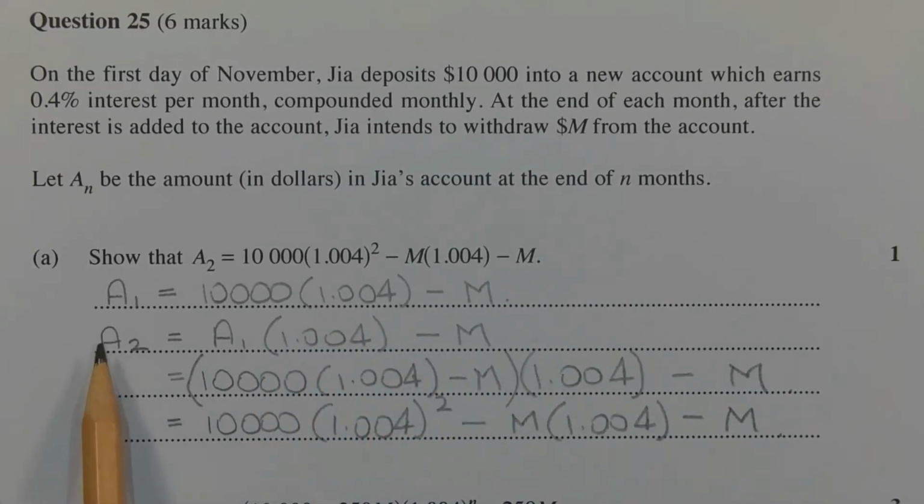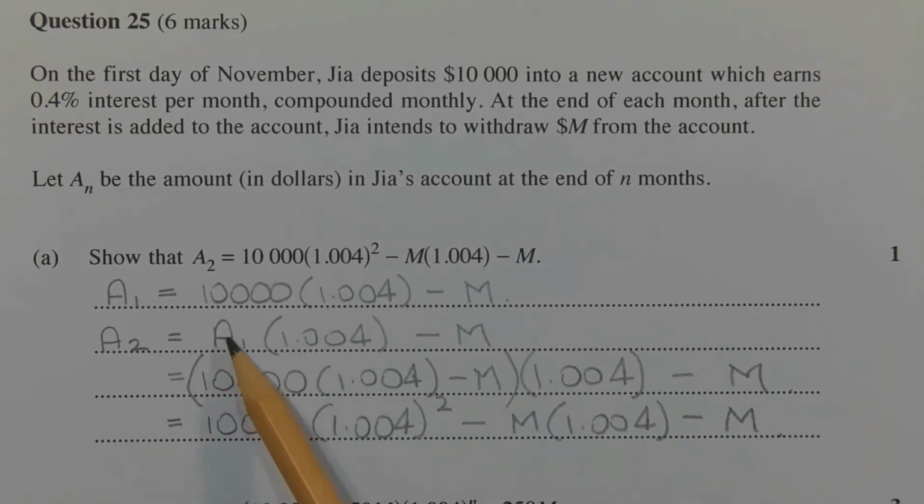Let's work out the recurrence relation that represents A2, which is the amount in the account at the end of the second month. So starting off with the amount in the account at the end of the first month, increasing that by 0.4%, and then taking away another M dollar withdrawal.